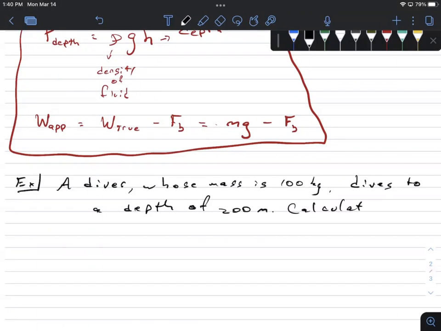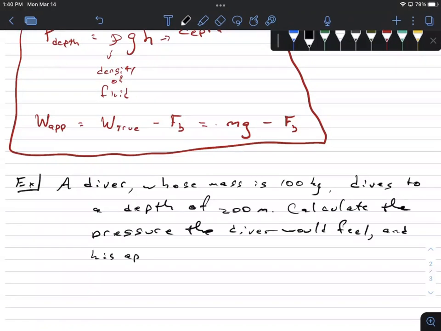Calculate the pressure the diver would feel and his apparent weight.